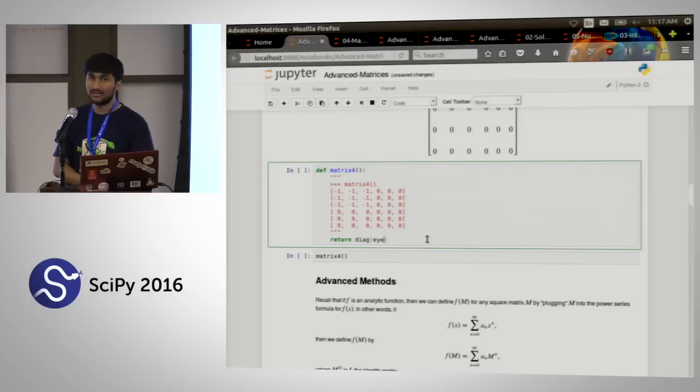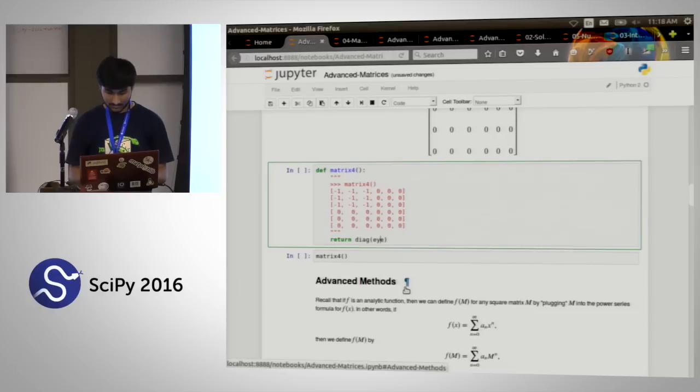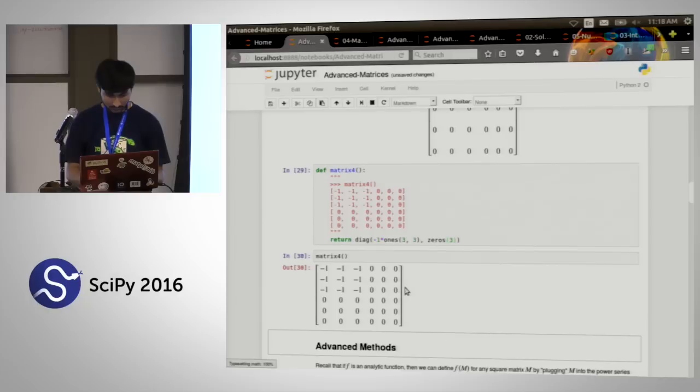This can also be seen as a diagonal matrix with the upper diagonal being this, and the lower diagonal as this.